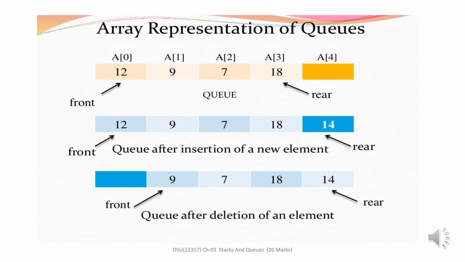So 18 is the rear end and 12 is the front end. Now after insertion of a new element, rear is A of 4 and front is as it is. Then after deletion of an element, front is 9, that is front is A of 1 and rear is A of 4.